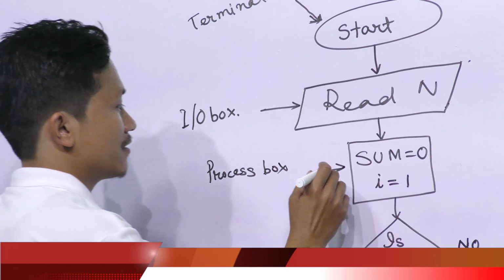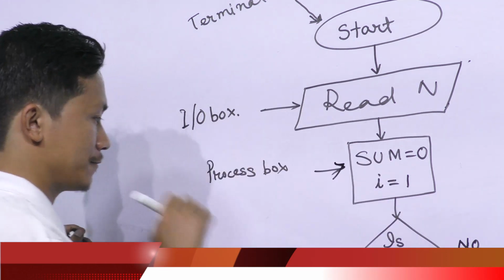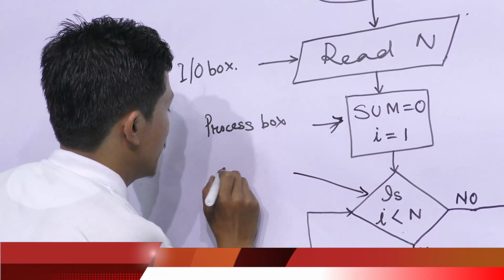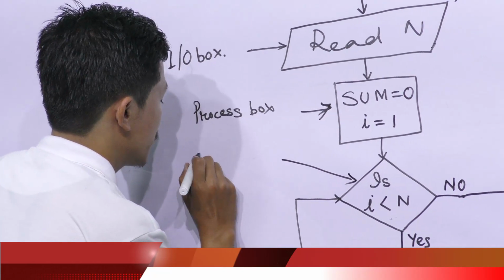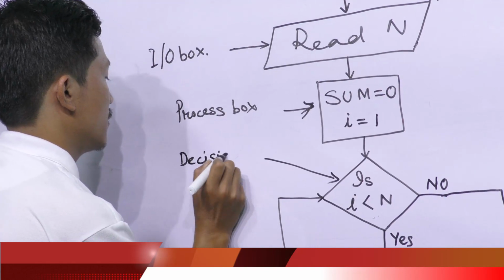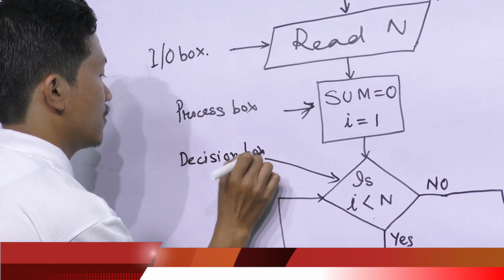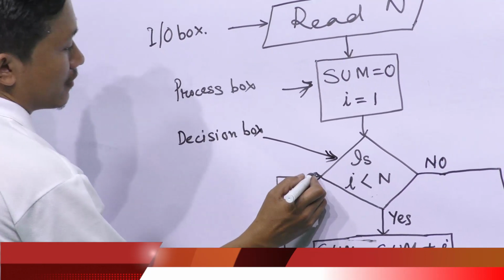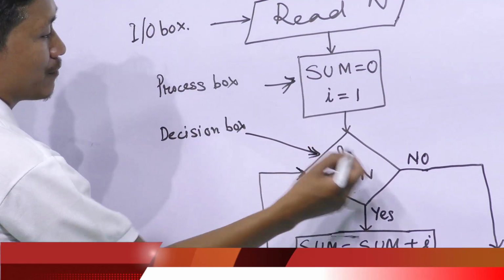This box signifies that some operations are performed here. And this one, which is diamond shape, is known as the decision box. In this box, decisions are taken, comparisons are made.